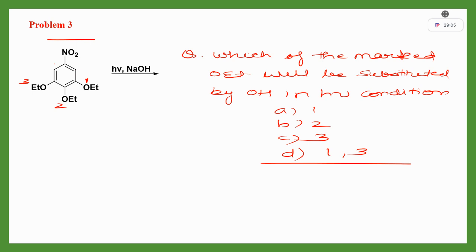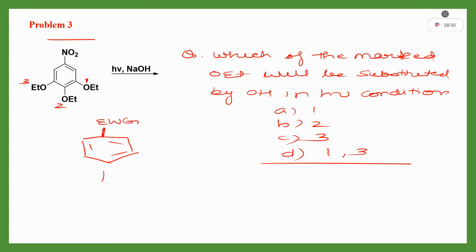This is not your addition elimination question. Since photo conditions are there, students, as you know, let me draw this way. In the first case, let's assume electron withdrawing groups are there.